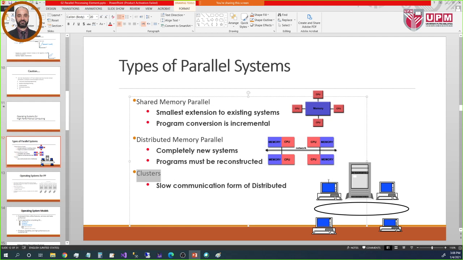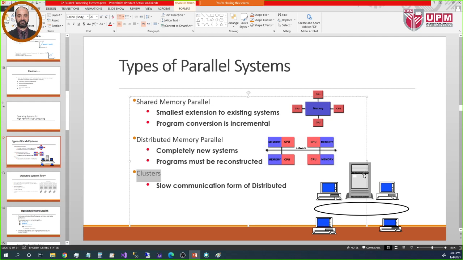Those computers could be desktops, servers, laptops, mobile devices, whatever. The only important thing is that they have to be connected to each other through a very fast network, and they should have at least one unit, one computer, to control them.